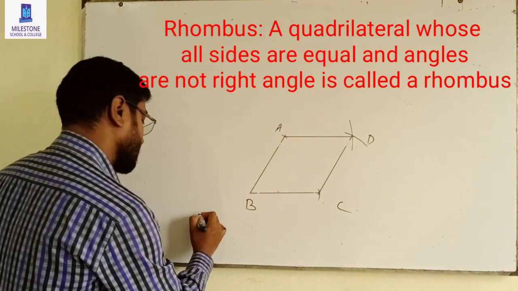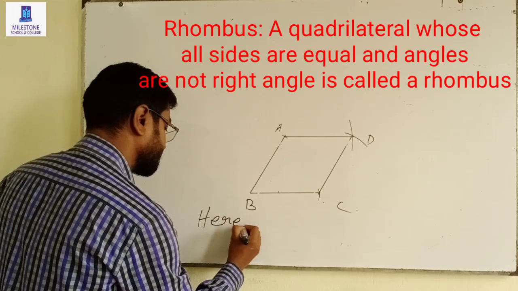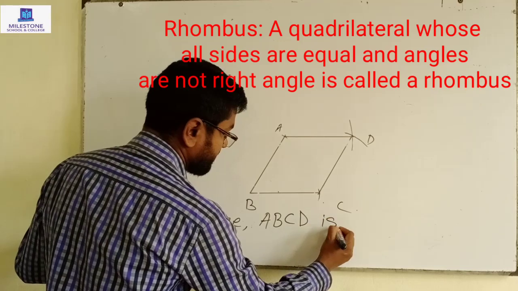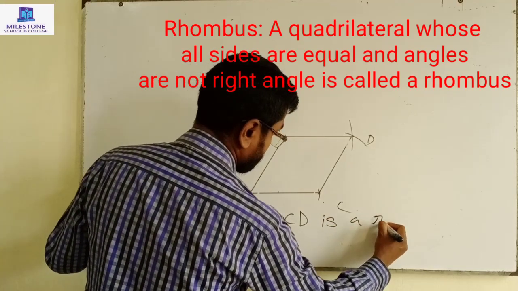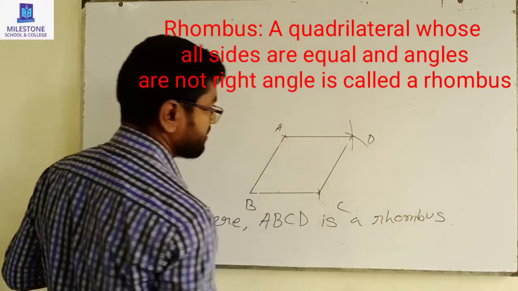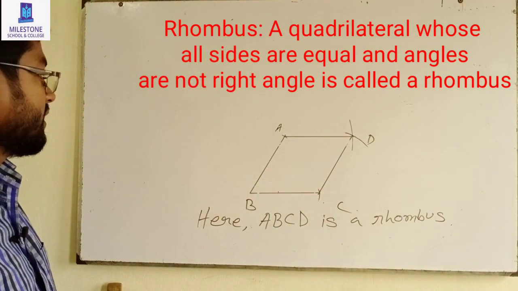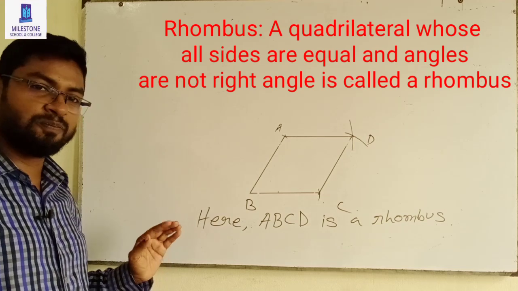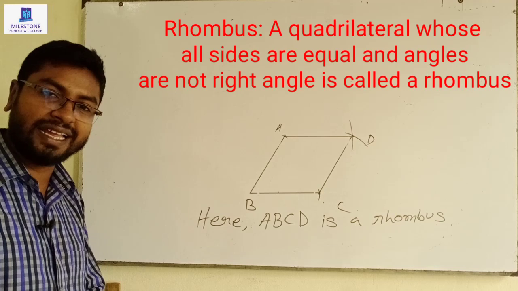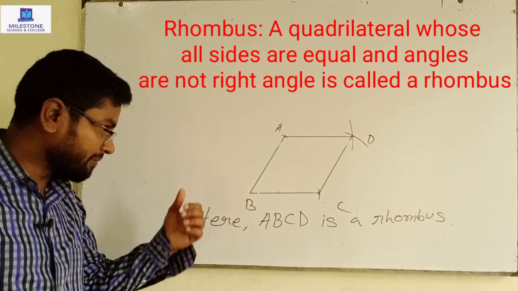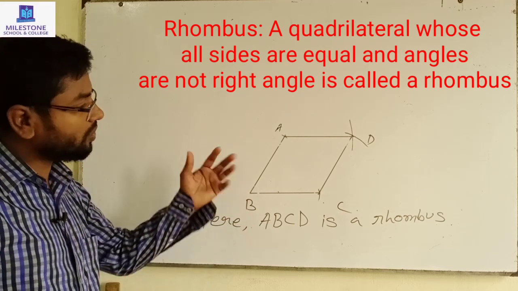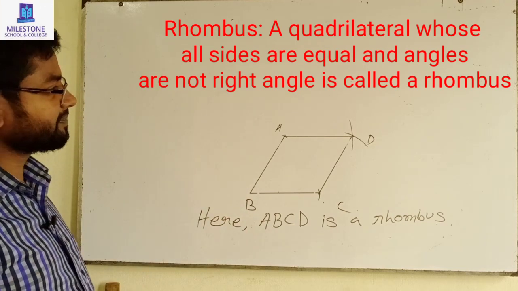We will write it down here: ABCD is a rhombus. Okay. Actually, if we push the square and break down the angle, it becomes a rhombus. Have you understood? So what are the properties of a rhombus?